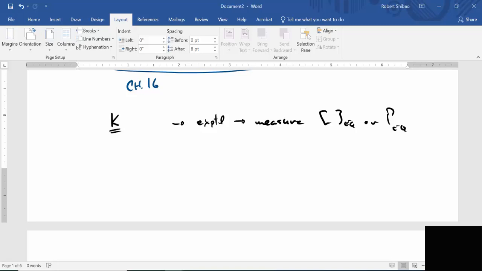But experimental requires a lot of work. You've got to set up the experiment and take the measurements. And sometimes taking the measurements for the concentrations isn't so easy. How do you analyze what the concentration is? Do you do a titration? What do you do? So we try to avoid experiment, and we try to calculate it.